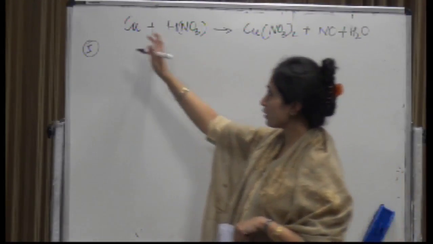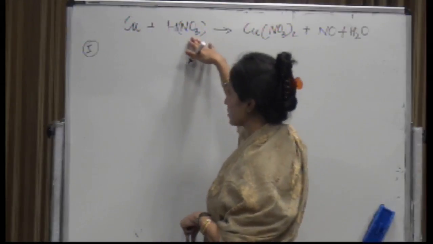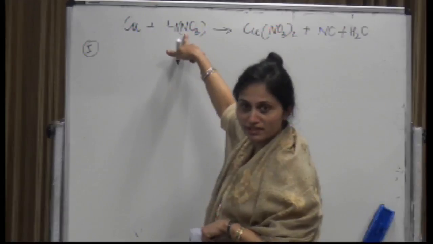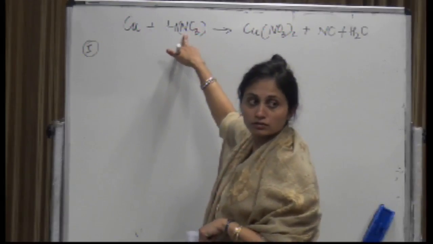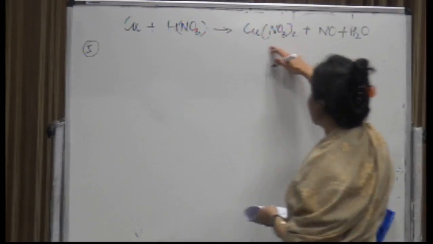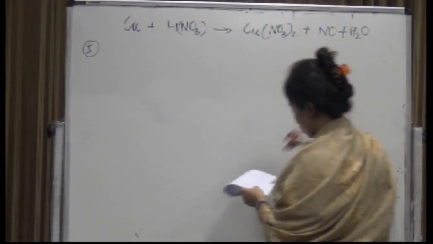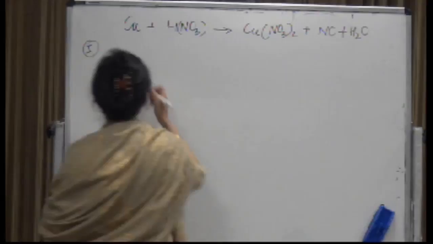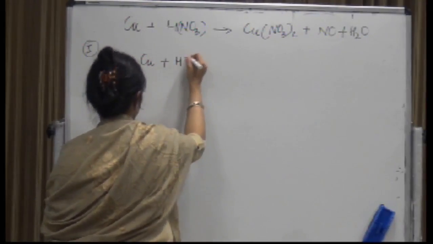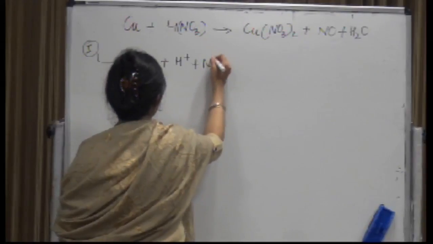Write it quickly. It will be 0, +1, -1 for the entire NO3 minus, otherwise for N it will be +5. Check it out, right? N will be +5. Then for copper nitrate also, and NO and H2O also. So in ionic form you can write this reaction as Cu plus H plus plus NO3 minus.